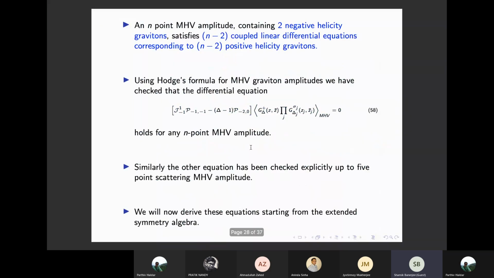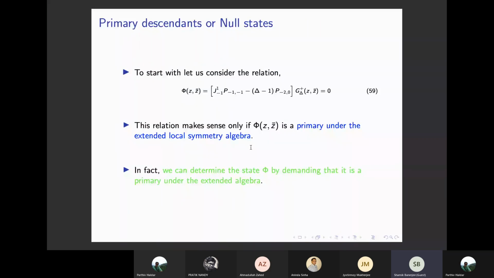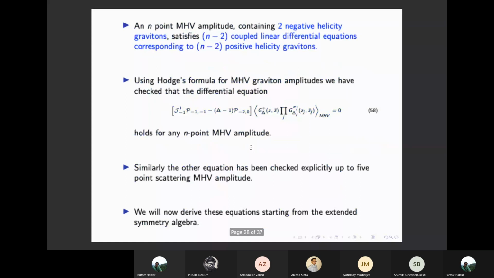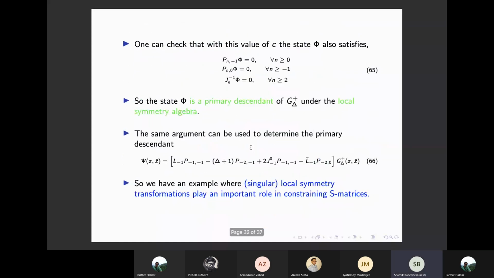So in that sense, these amplitudes are completely fixed in terms of this SL2C bar algebra and super translations. Now this is a very particular case, because MHV amplitudes are kind of the simplest in that sense.